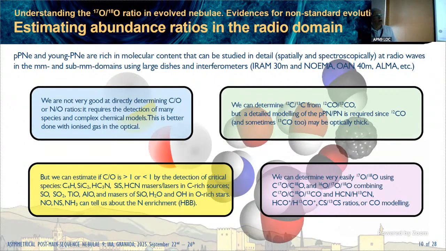But we can determine the 12C to 13C ratio, but because 12CO may be optically thick, and even sometimes 13CO is moderately optically thick, we need to do very good modeling for that. What we can really determine pretty easily is the 16O to 18O ratio based on the CO molecules, because these two are optically thin, and just by dividing the two intensities, you roughly get the abundances. So I'll focus on this.